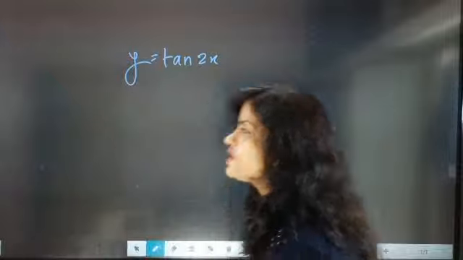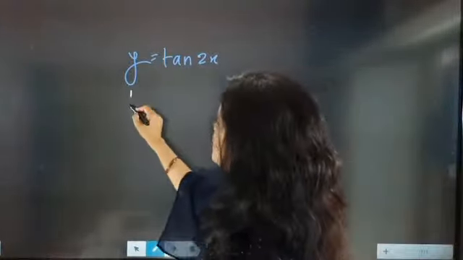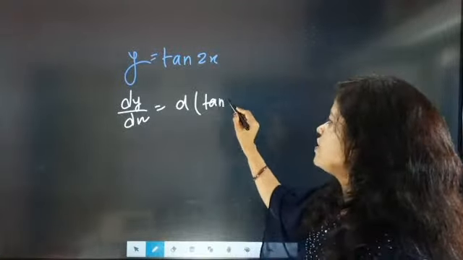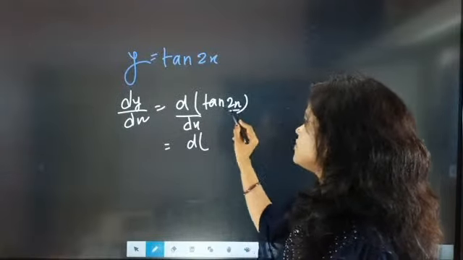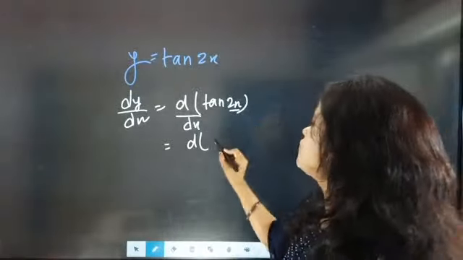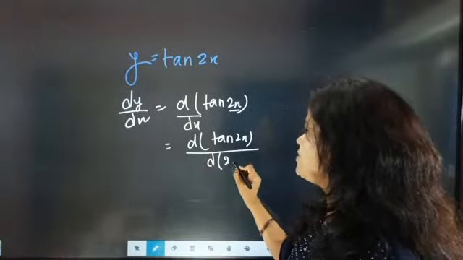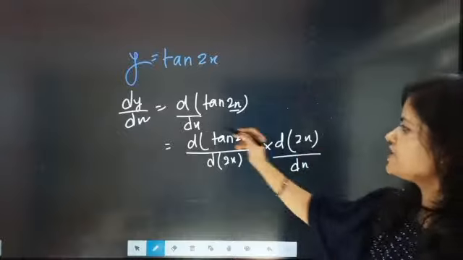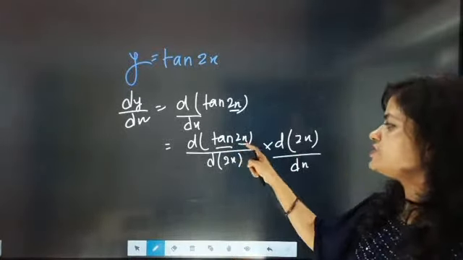Let's see how 2 secant square 2x will come. So first we will write dy by dx. This side also it will become d of tan 2x by dx. But we have to differentiate with respect to tan 2x. Then only direct differentiation we can apply here. So we will be writing tan 2x, and then we divide by d2x, and this dx will shift here. So now tan 2x is differentiated with respect to 2x.